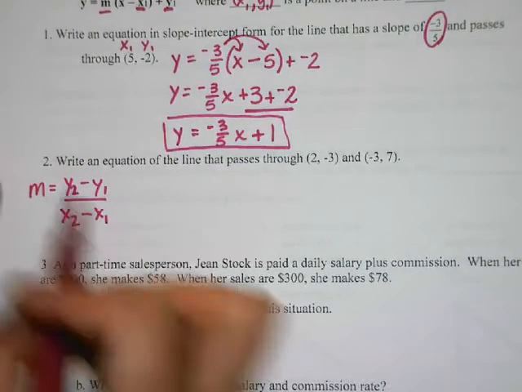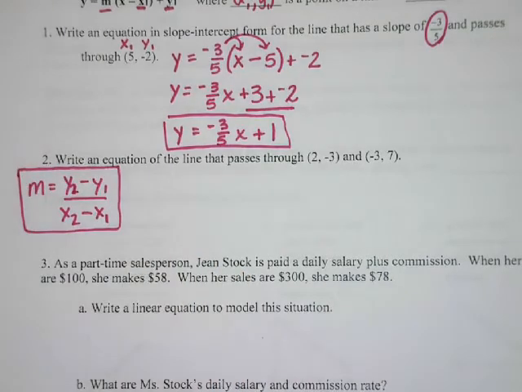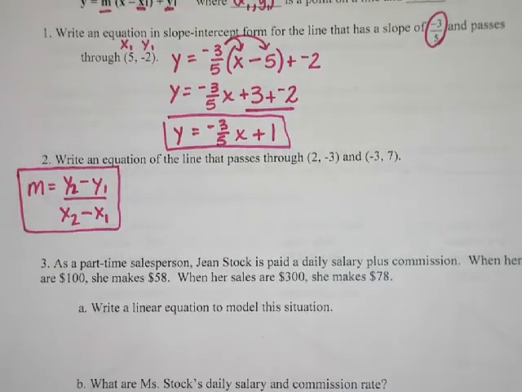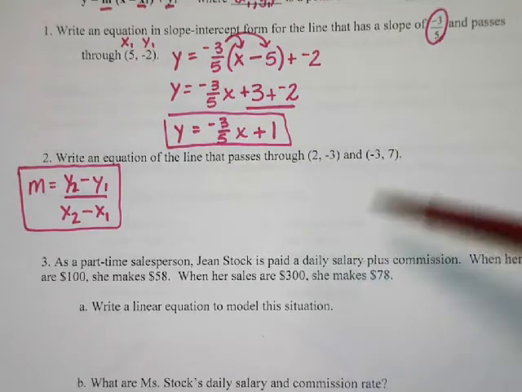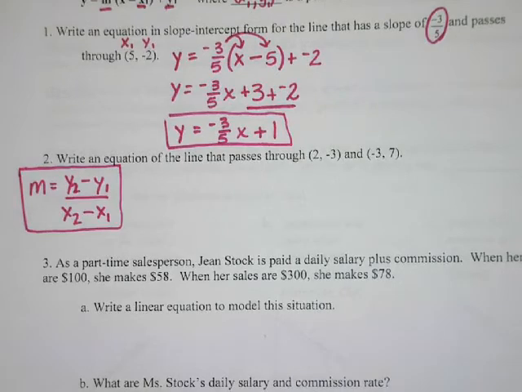That was the section 2-3 that we skipped. So y2 minus y1 over x2 minus x1. Also, remember that it's rise over run. The y's are the ups. The x's are the runs, sideways.